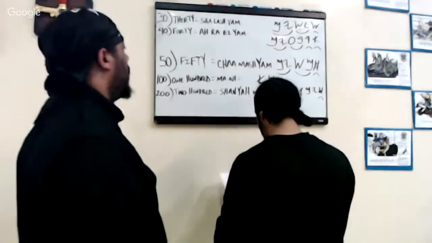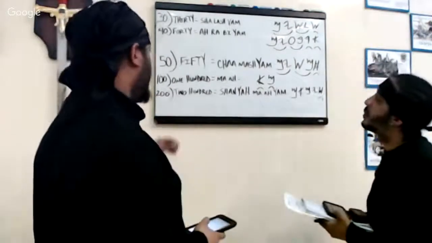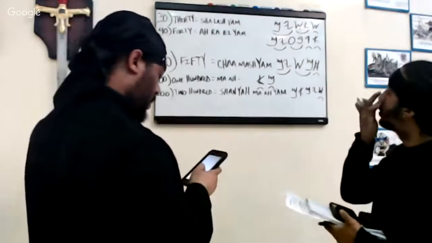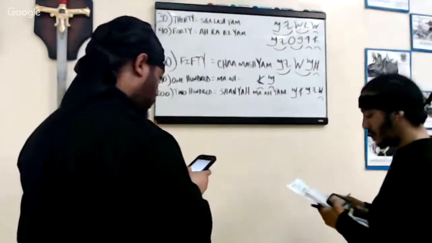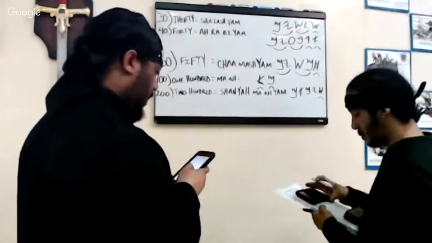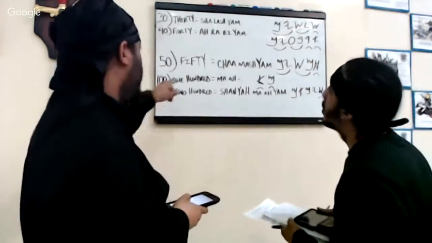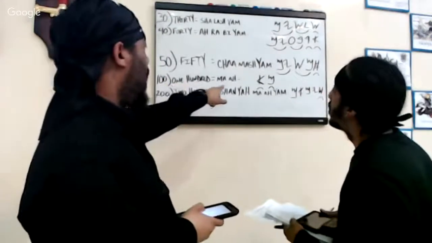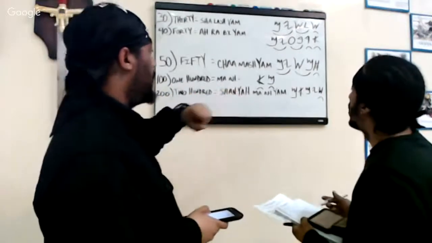So, just to recap, to get a more clear understanding. 10 is eser, right? So 2 tens is esrayim, which is plural. Now, 100 is ma'ah. So 2 100s will be ma'atayim.